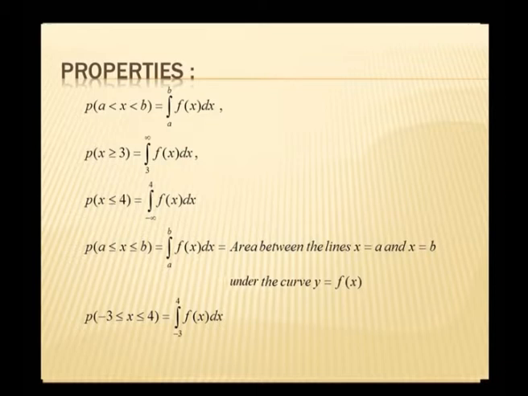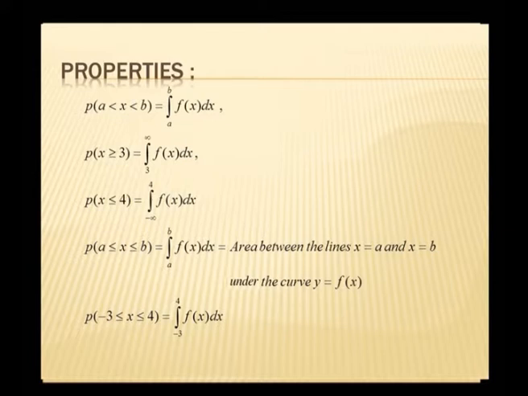Let us have simple properties of our probability function. First one is, whenever I say that x lies between a and b, the corresponding probability is given by integral a to b f of x dx, and probability of a less than or equal to x less than or equal to b, that is also integral a to b f of x dx, where f of x is the probability density function. And third one is P of x greater than or equal to 3, that means you are taking above 3 up to infinity.